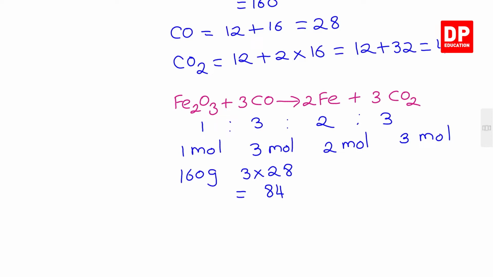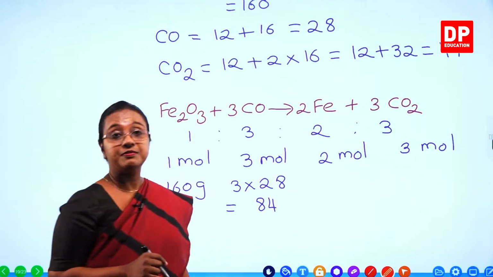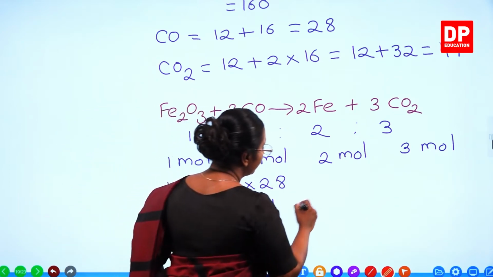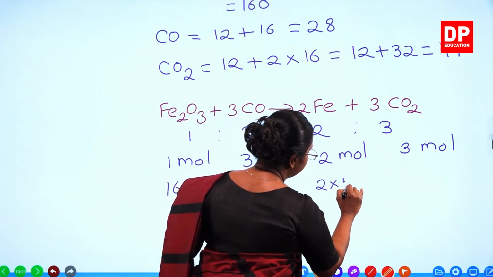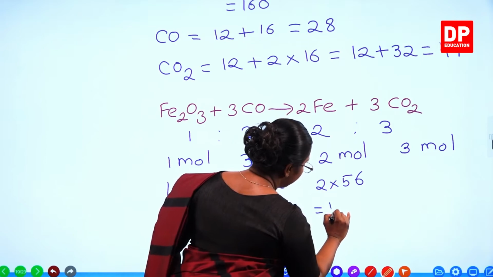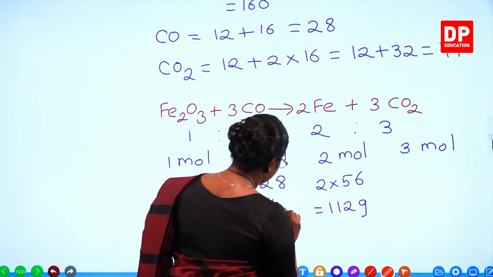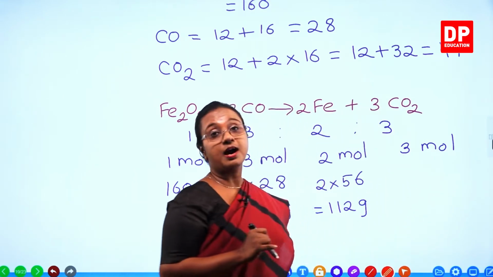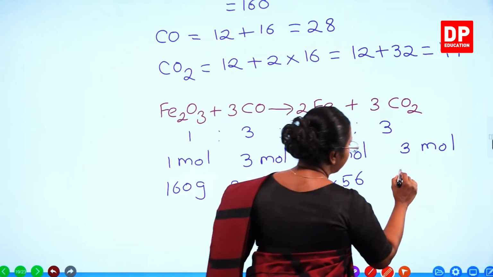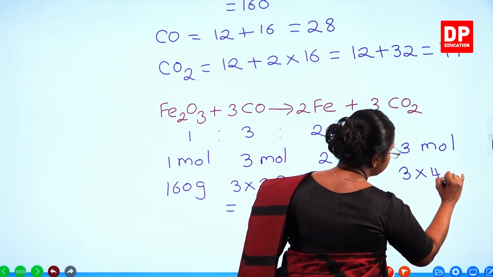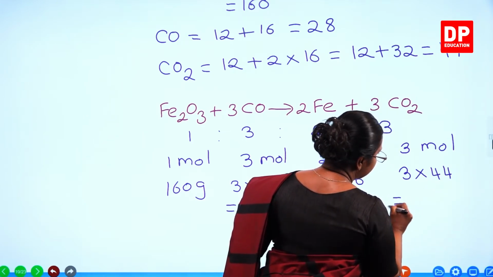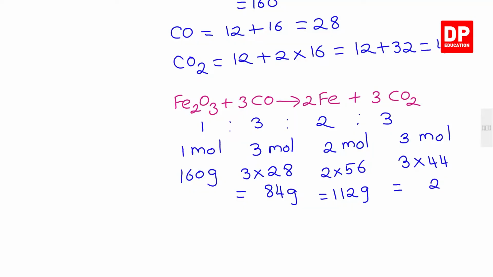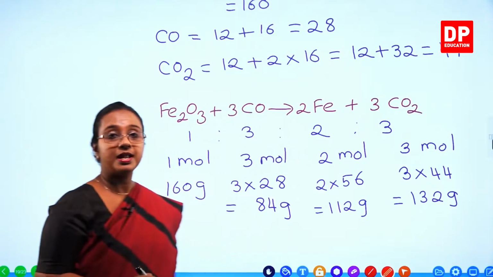Now iron is 56. We have 2 moles of iron, so 2 into 56 is 112 grams of iron, and we will get 3 moles of carbon dioxide. We already calculated carbon dioxide is 44, so that is going to be 132 grams of carbon dioxide.